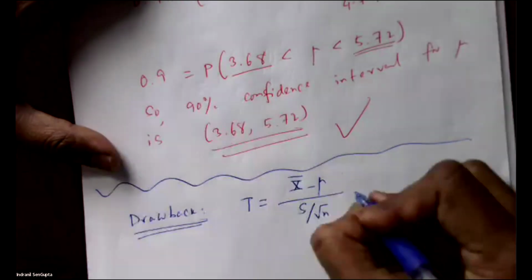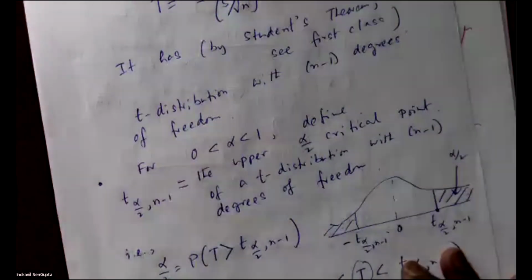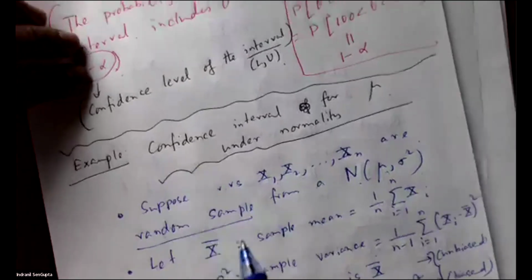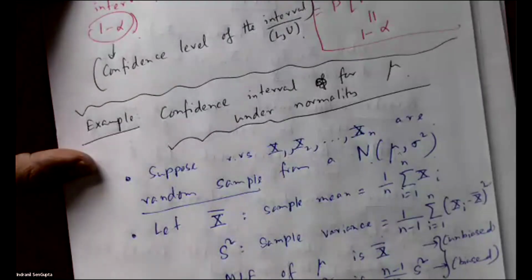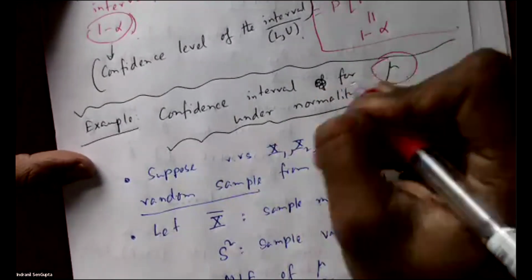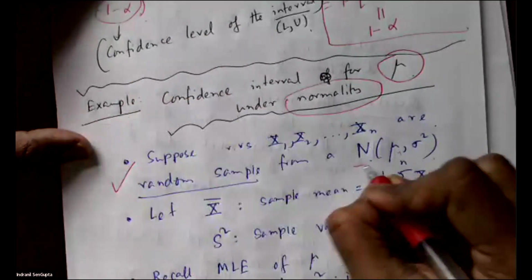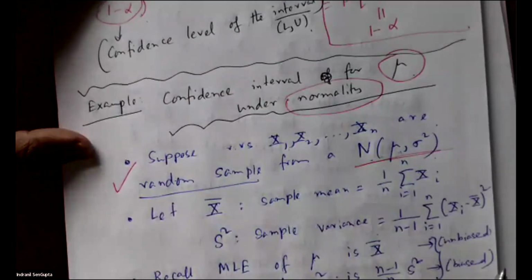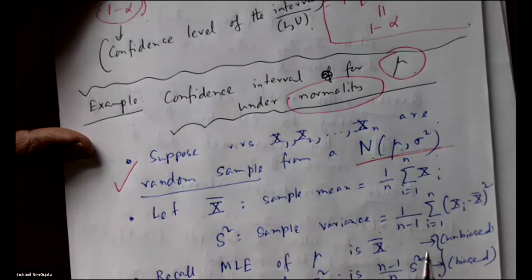When we constructed this, there was an assumption written here: the confidence interval for mu under normality, meaning that we assume the sample was taken from a normal distribution. If that is not the case, the entire derivation may not be valid. Suppose it's drawn from some other distribution.